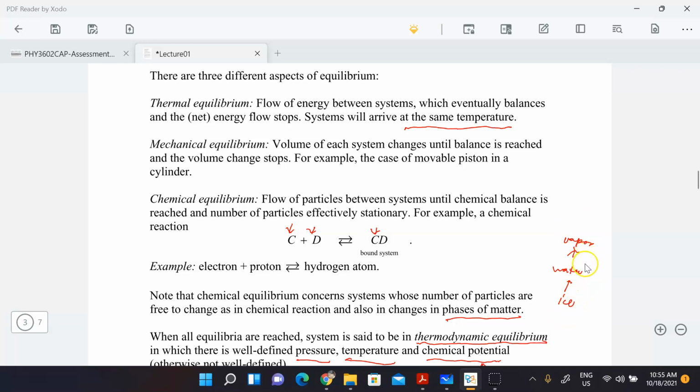So ice molecules and water molecules might be in equilibrium with each other, and water molecules with vapor molecules can be in equilibrium with each other. When the number of particles for each phase has stopped changing, then we say that this is already in chemical equilibrium.